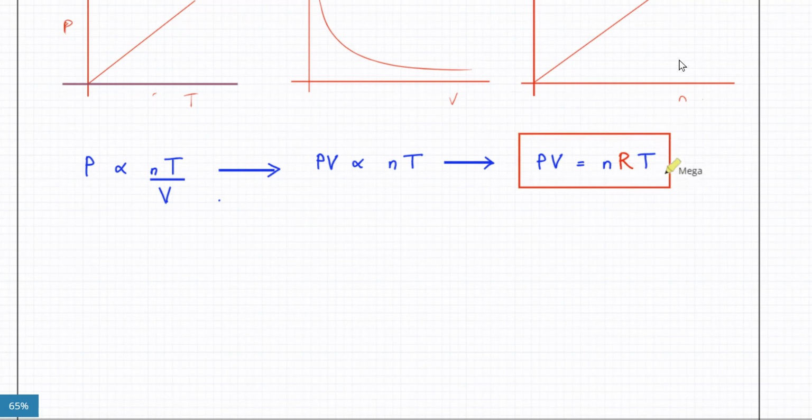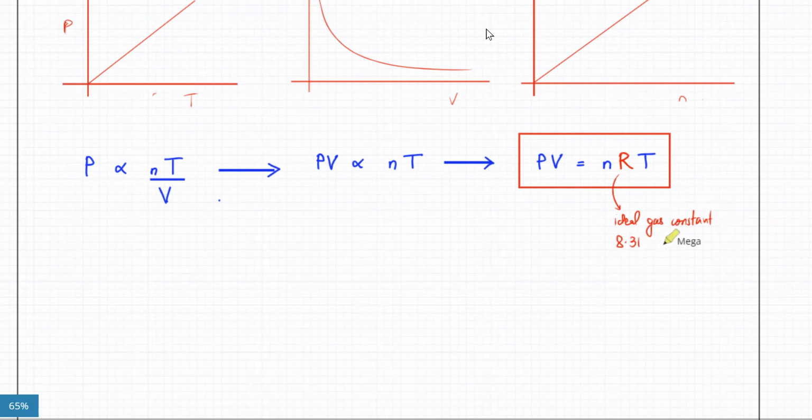So to get rid of the proportionality, I've introduced this constant R, and this R has a value. This is known as your ideal gas constant, and it has a value of 8.31. That's going to be our constant.